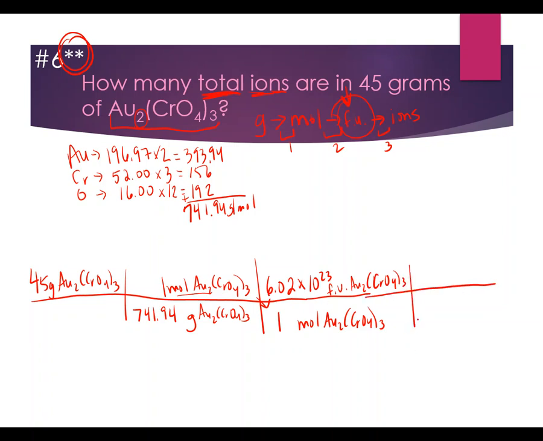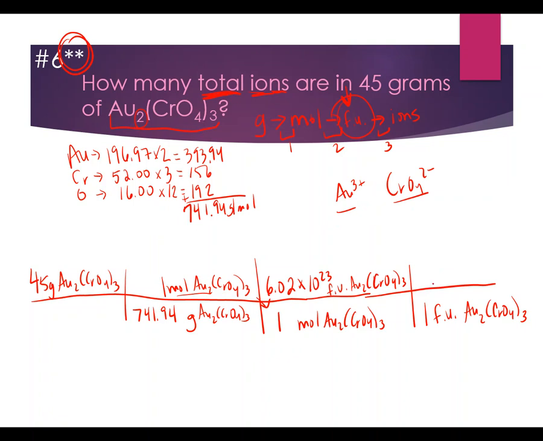One last step. Now, one formula unit of this compound, Au2(CrO4)3. How many ions in here? Now we know it's Au3+, we know CrO4 is 2-. You could look up the ions and figure out the charge on the gold if you're looking at the formula and trying to figure out the name. How many of each do we have here? We have 2 of the gold, 3 of the chromates.